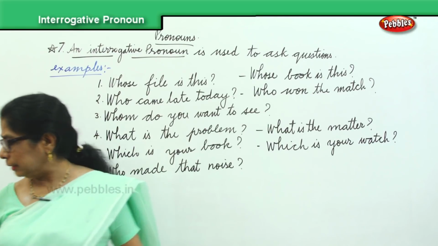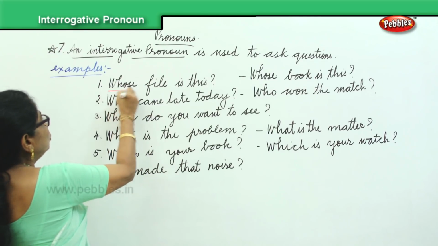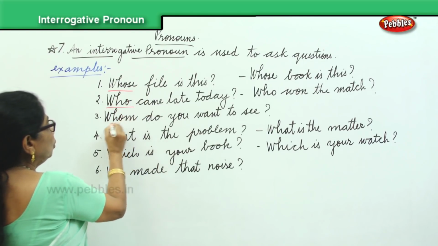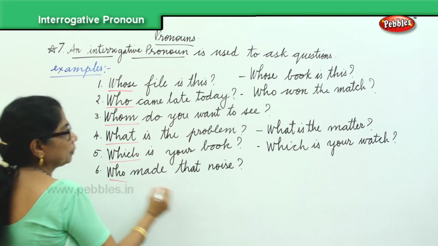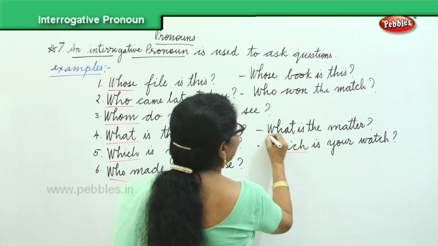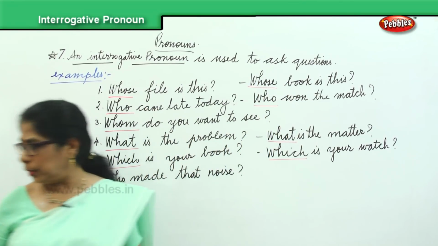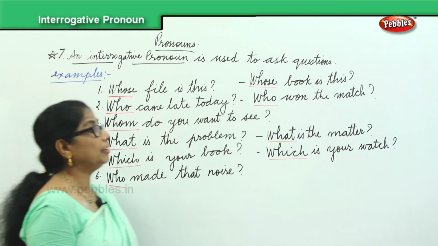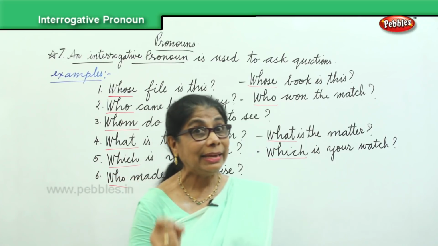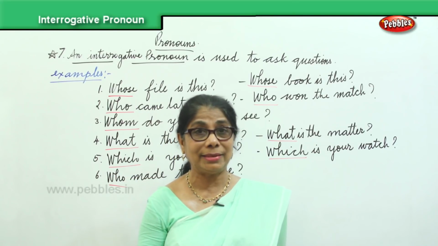Now, let's look at it. Here we have whose, who, whom, what, which, who, again which, what, who, whose. All these words we use in the interrogative pronoun. When you say an interrogative pronoun, it is used to ask questions.